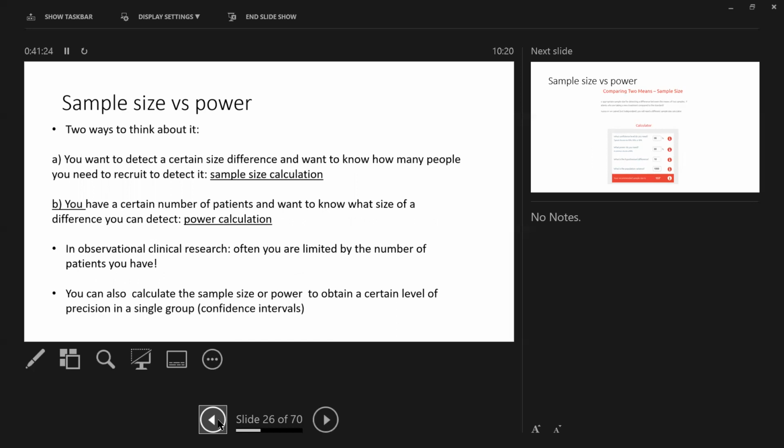If you're doing a study where you have access to relatively few patients, then you think about it the other way, which is, what size of difference can I detect with the patients that I have? And you can see that this thinking applies to measuring differences between groups, but also just single groups to look at precision, which is the confidence intervals.